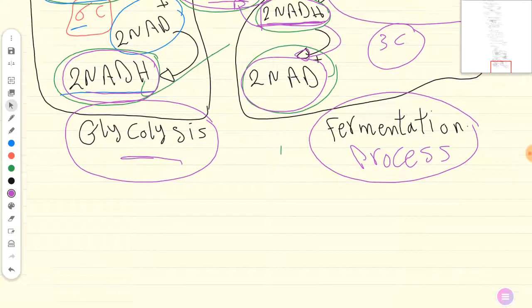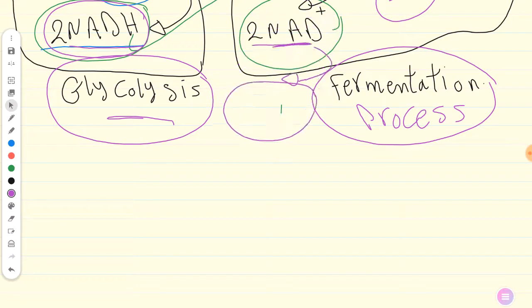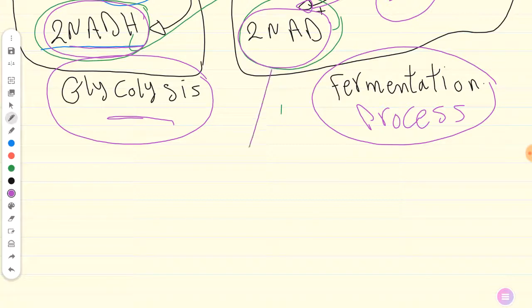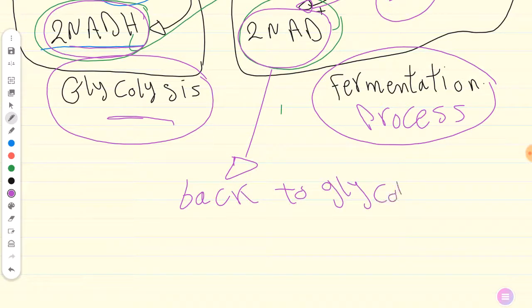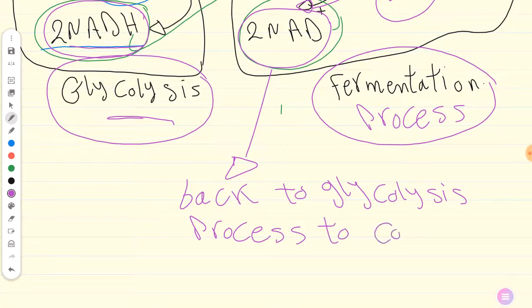These 2 NAD are recycled back to the glycolysis process to continue.